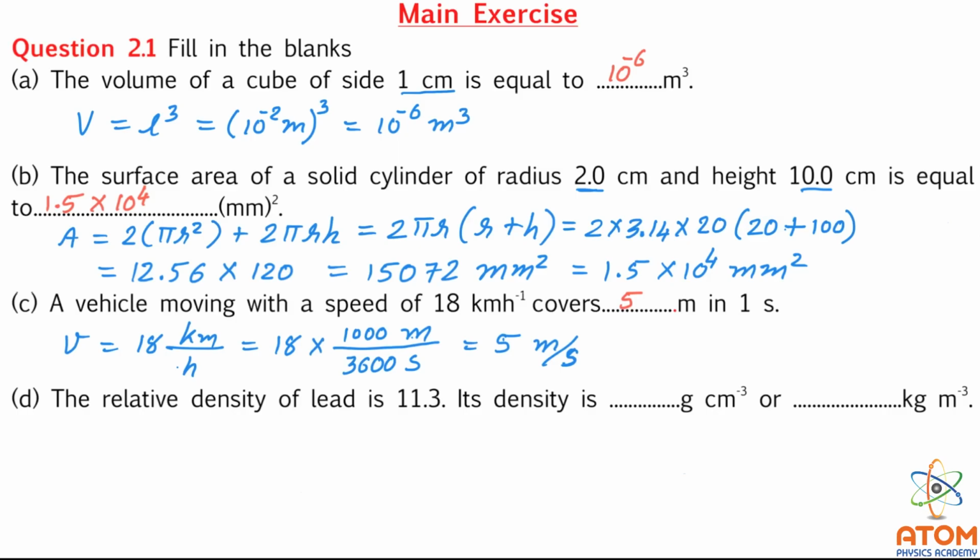So that is the definition of relative density, and it is given as 11.3. Its density in gram per centimeter cube and in kilogram per meter cube will be what? We need to find out both.